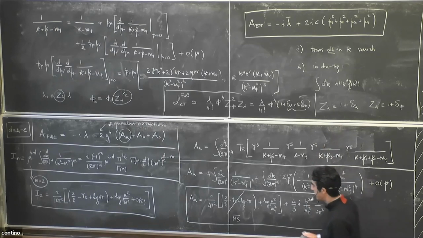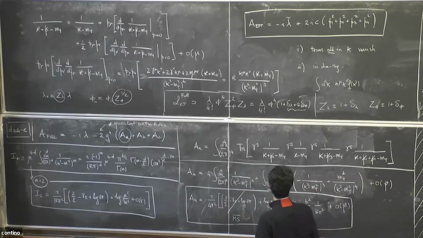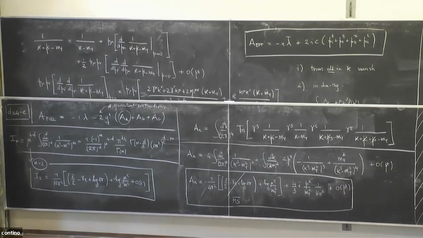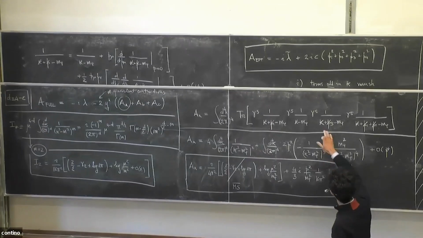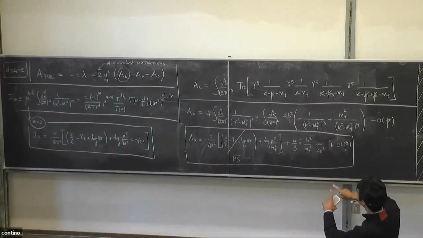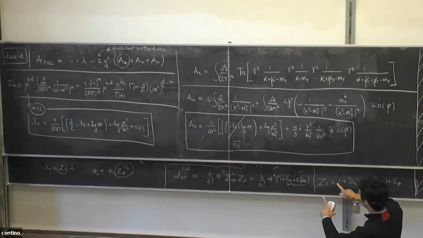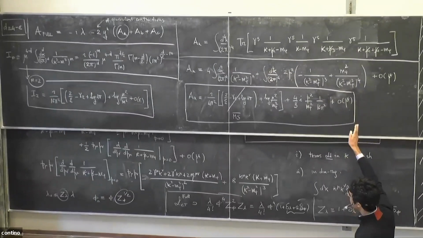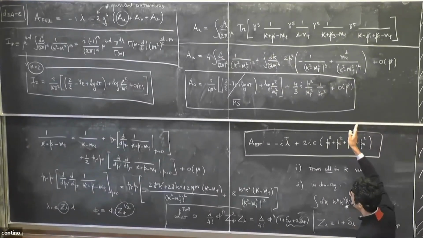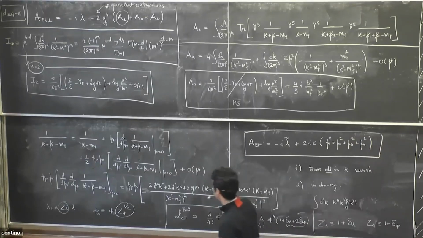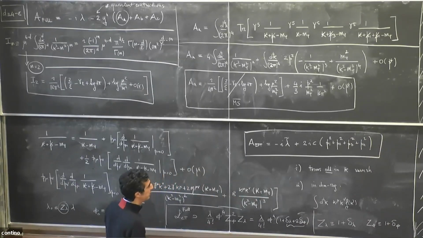Now, however, this is only one diagram, so there are the two other diagrams, and let me give you the expression also for these. First of all, you see from this equation here that diagram B, where you exchange P3 with P4, is exactly equal to diagram A, with our choice of kinematics, because both P3 and P4 are 0.